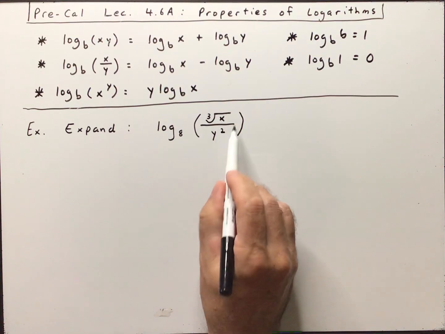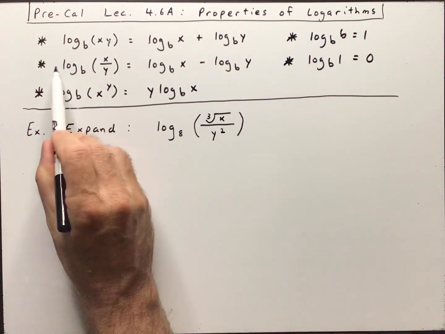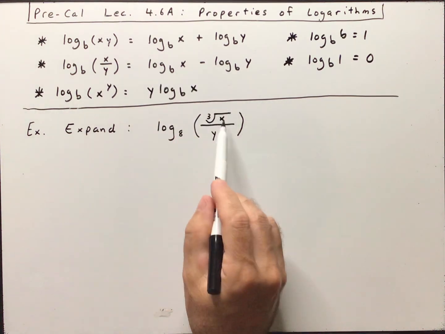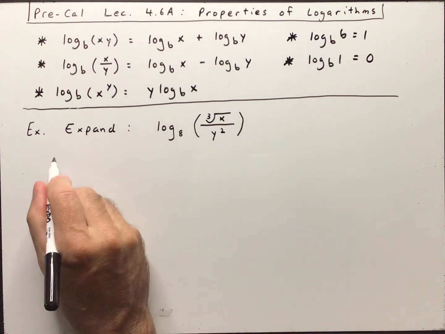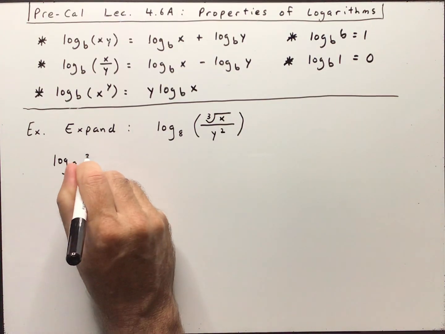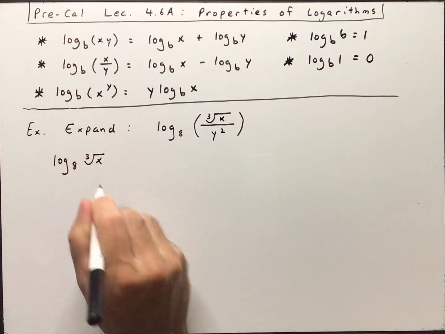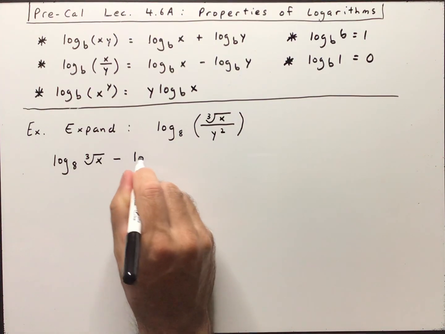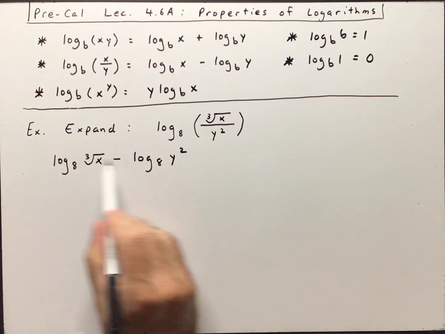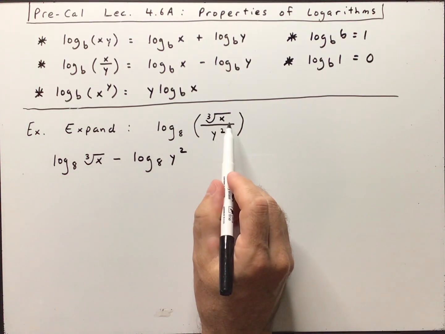So it's a quotient, and we would use this second law, property of logarithms, where we subtract the top. So this is the same as log base 8 of the cube root of x minus log base 8 of y squared.